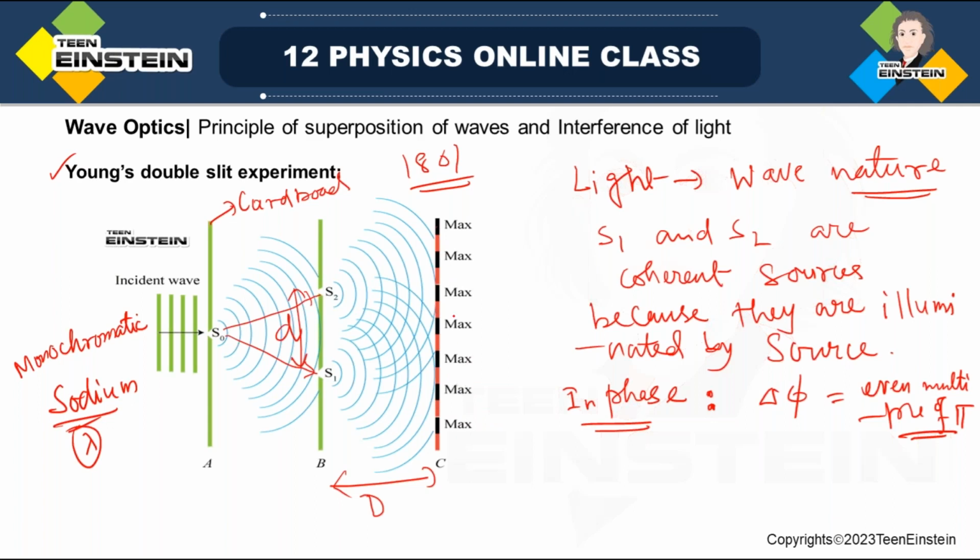Alternating bright and dark regions are seen on the screen. These bright or dark regions are a little bit spread out, so these are called fringes: bright fringe and dark fringe.